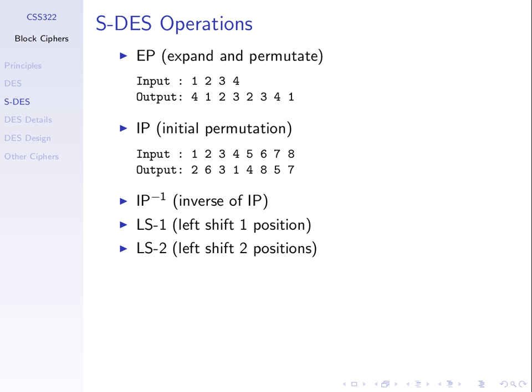Let's say some bits A go into the initial permutation, we get some output B. If we apply the inverse, the output should be A again. That is, take some bits, apply the initial permutation, apply the inverse of that, and we should get the exact same bits out here. That's the idea there.